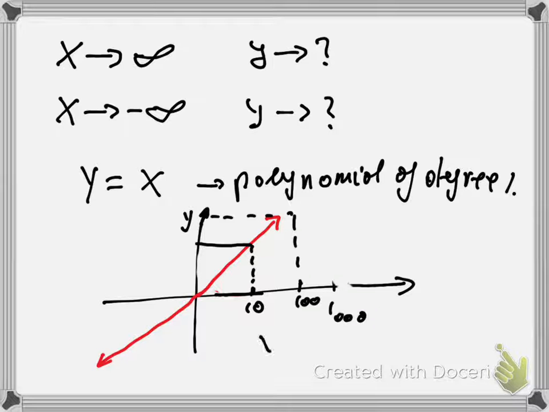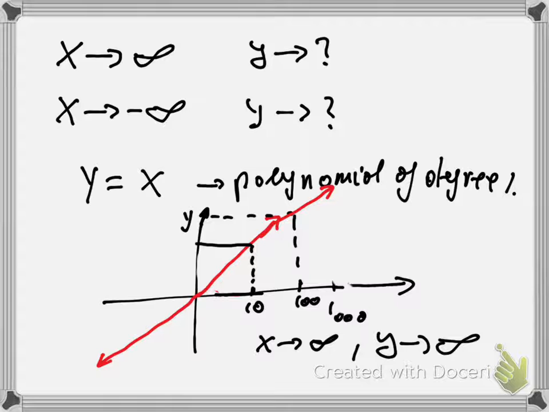In other words, when x goes to infinity, y is increasing to infinity. Y goes to infinity.